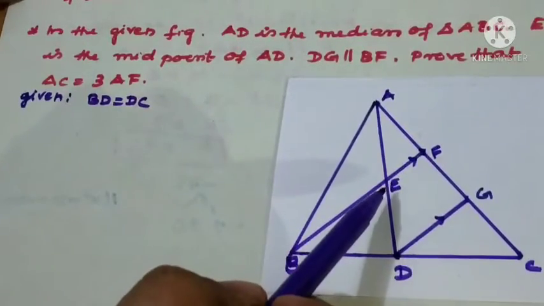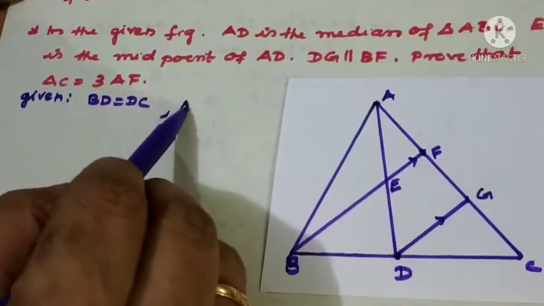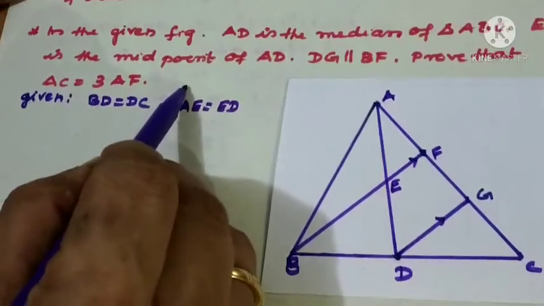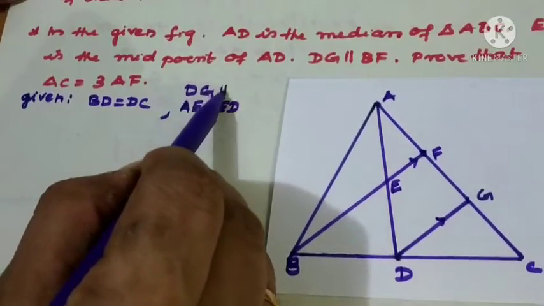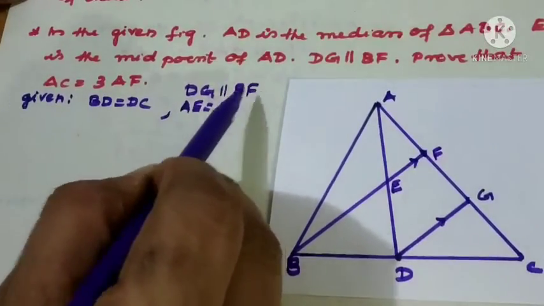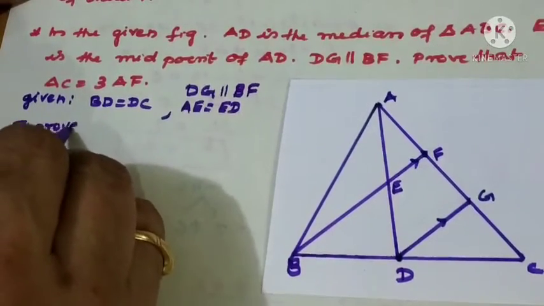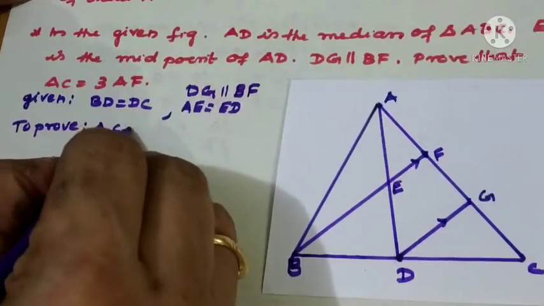E is the midpoint of AD, so AE equal to ED, and also DG parallel to BF. To prove: AC equal to 3AF.